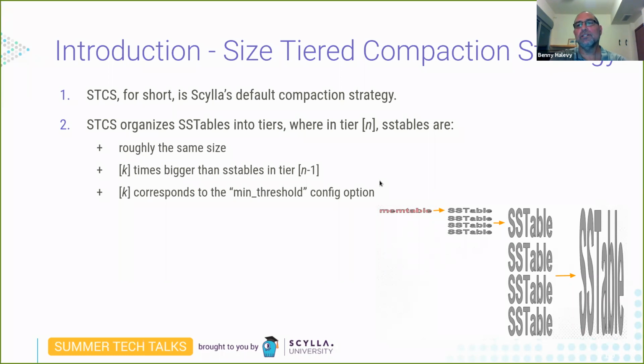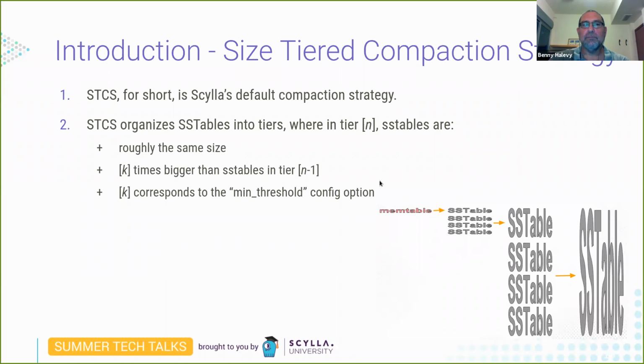This compaction strategy organizes SSTables into tiers, where in tier N, for example, all SSTables are roughly the same size, and they are k times bigger than the SSTables in tier n-1.